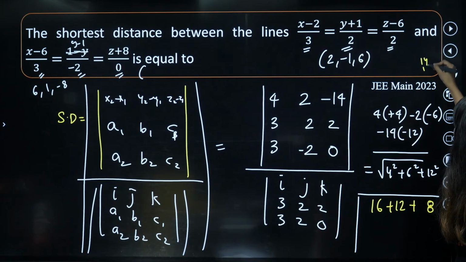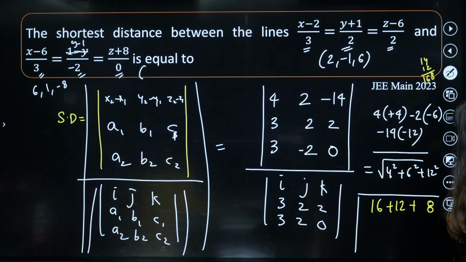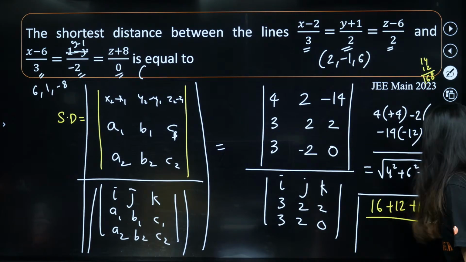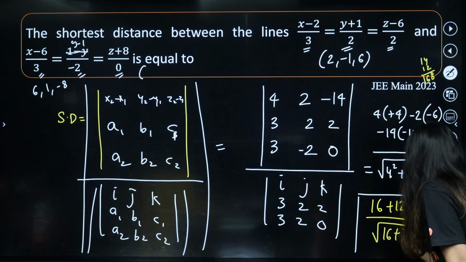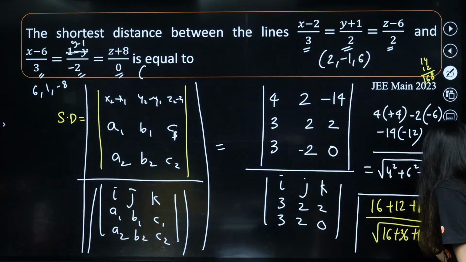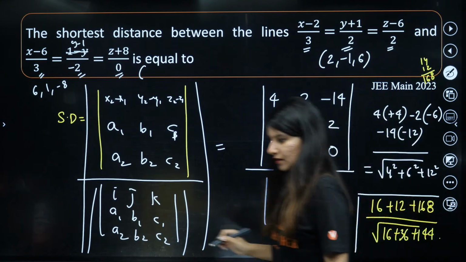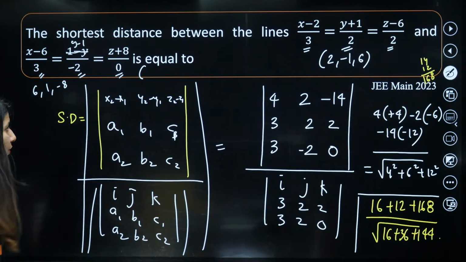What about 14 into 12? 4 2s are 8. 4 5 6. 168. Whole upon 4 square. So 16 plus 36 plus 144. Solve it. Let me know your answer in the chat box.